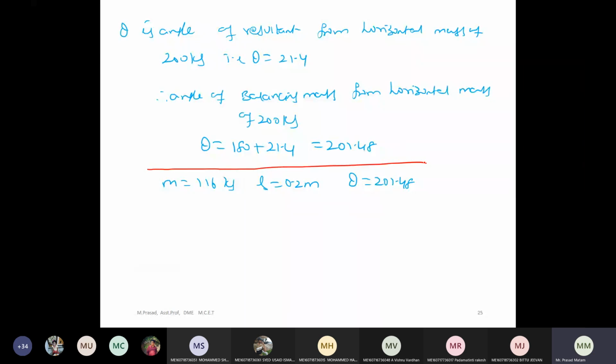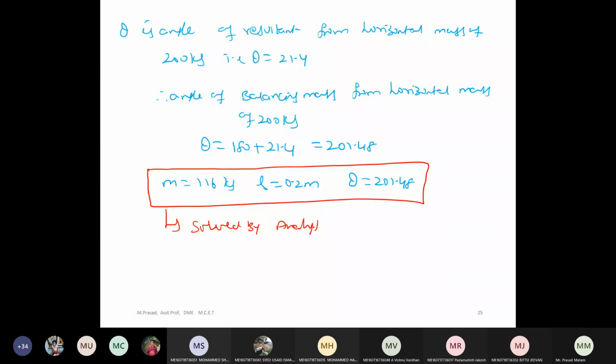Remember, this solution we have done by the analytical method. Okay, same problem, let us solve with the help of the graphical method. Graphical solution.